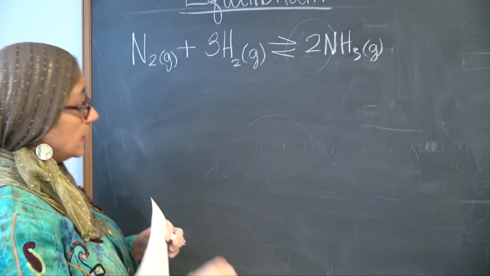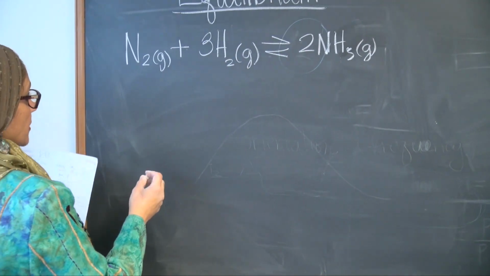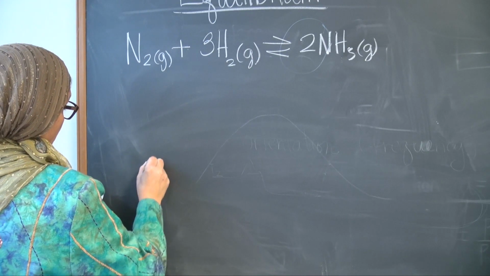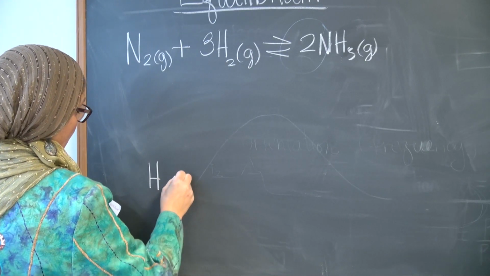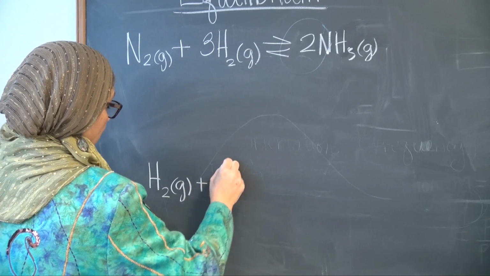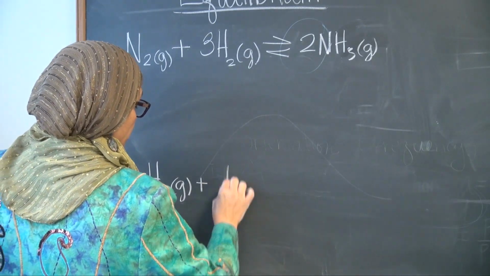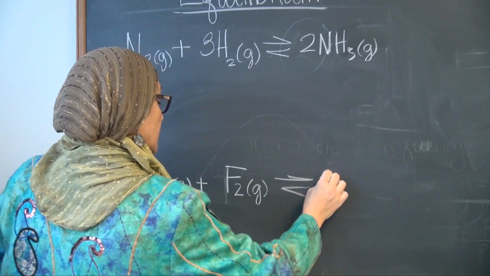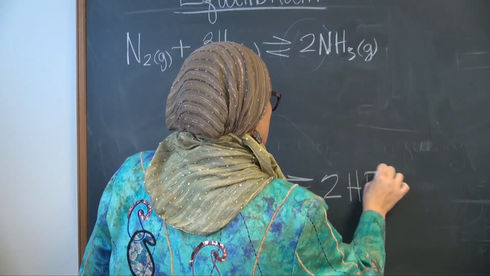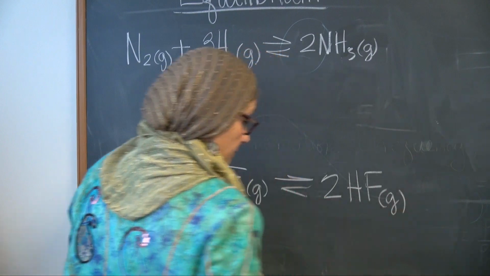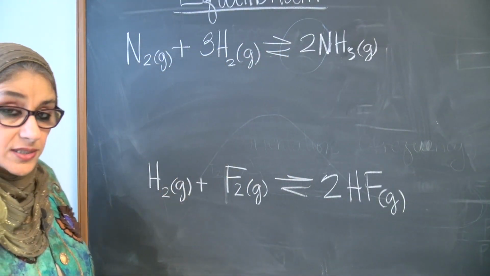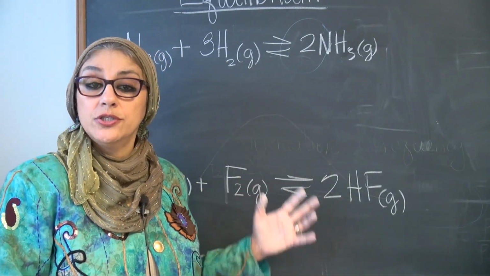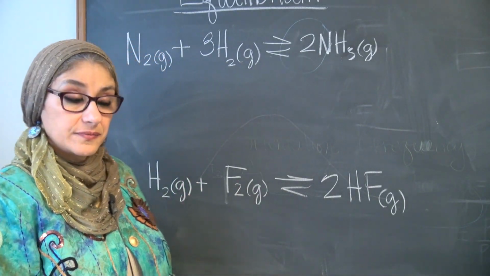And the other equilibrium that I want you to write the expression for is hydrogen gas plus fluorine gas at equilibrium with 2 hydrogen fluoride gas. Okay, so pause the video and write the expressions of the equilibrium constants for each of these, and then come back.